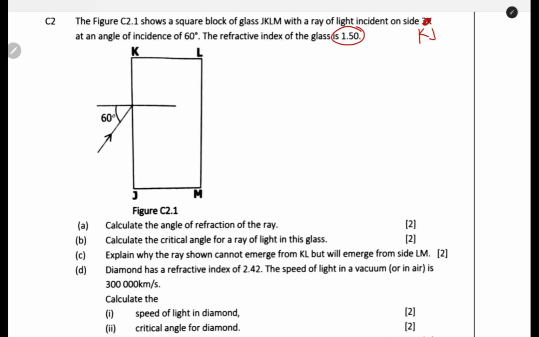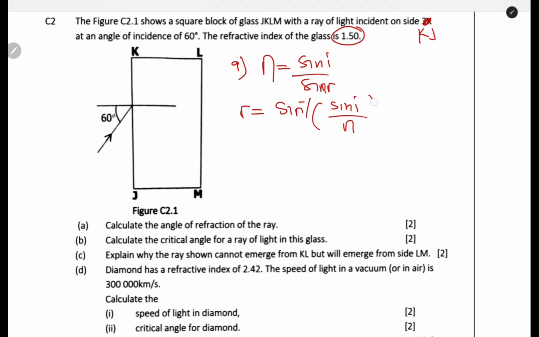So for us to find the angle of refraction, we are going to use the formula for refractive index. Refractive index is equal to sine I over sine R. To make R the subject, R is equal to sine inverse of sine I over the refractive index.